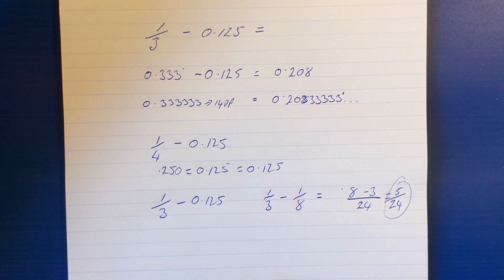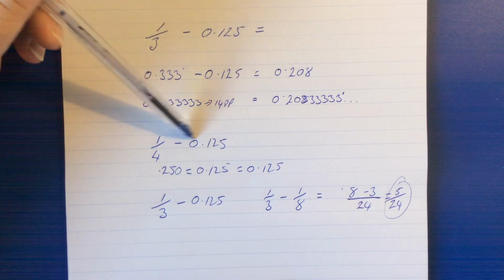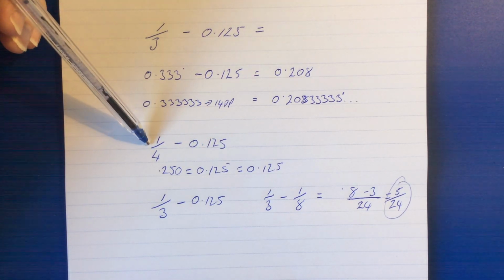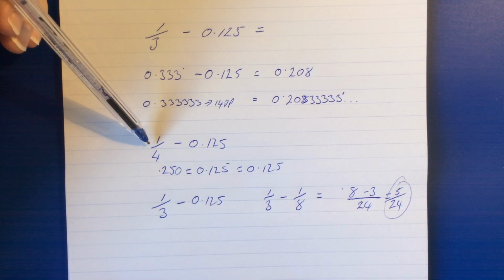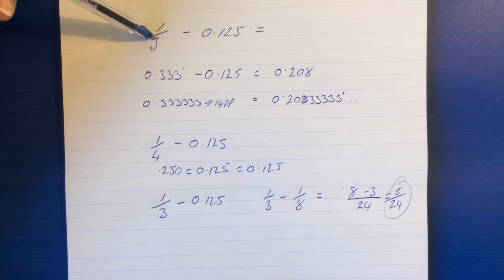Well, I think that the whole thing comes down to a judgment call. Where you've got something like this, it can be converted to a decimal really, really easily. It's a terminating decimal. We know what its exact value is as a decimal. No problem. This, not so much.